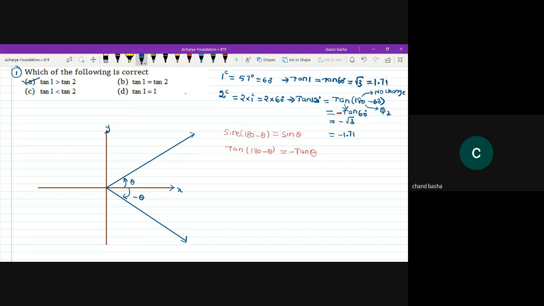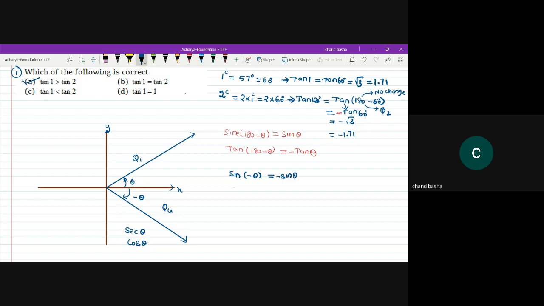If you are observing, this is quadrant number 4 and this is quadrant number 1. In quadrant number 1, all are positive, but whenever you enter quadrant number 4, only secant and cos will be positive, and the rest of the trigonometric ratios are negative. So sine of minus theta is minus sine theta.